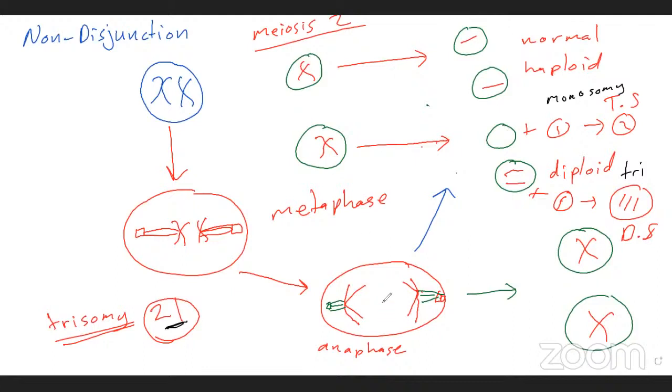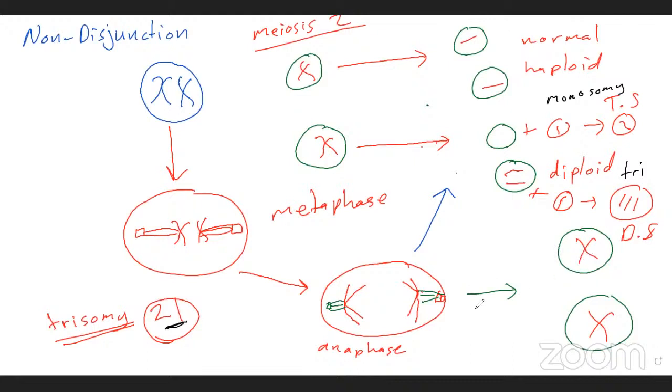Anaphase is the problem. So if you're showing it in meiosis I, anaphase should not take place, as anaphase is where they separate. Is that clear? If you want to show non-disjunction, do not carry out anaphase. But that doesn't mean you should not divide the cells.